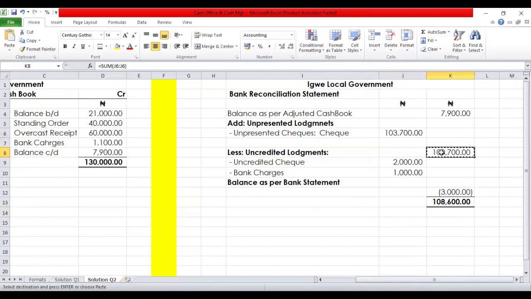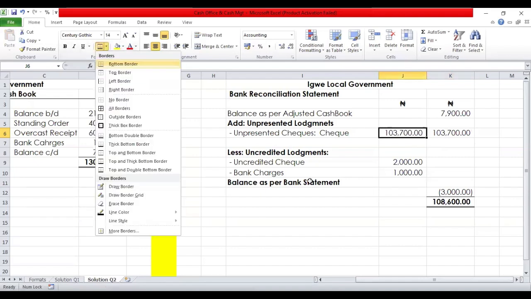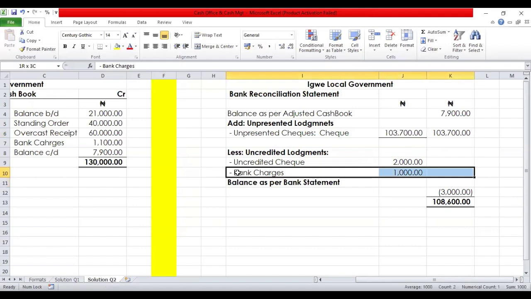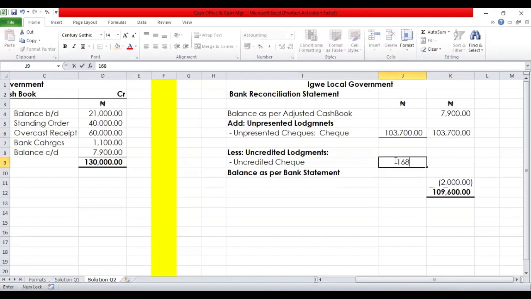Then we have uncredited check. Okay, we have uncredited check of how much? Uncredited check of 168,000. Yes, sir.